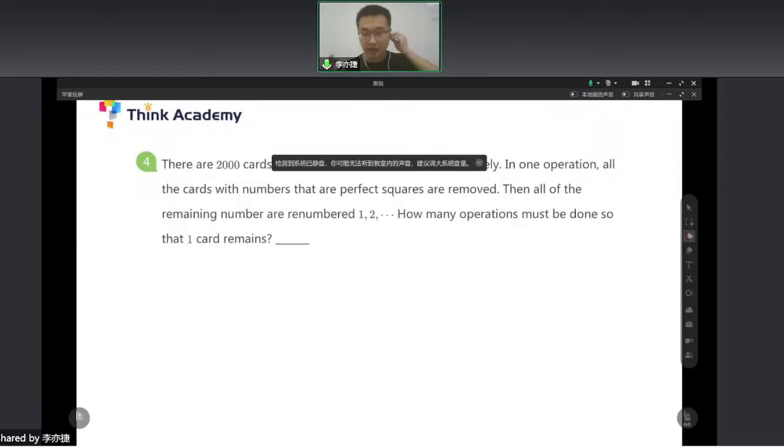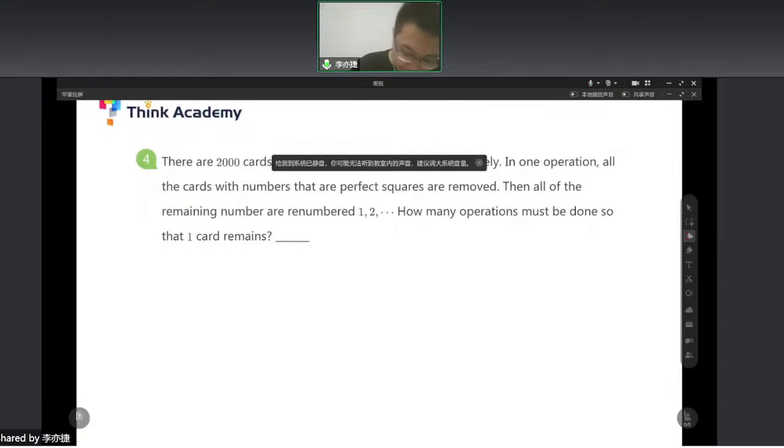So maybe in this question, we can list the numbers out to find the patterns here. So first, at the start, we have 2000, not 2024. Yeah, it's 2000 numbers here. And then in the first operation, we check how many square numbers are below this one. So actually, we have 44 below it.